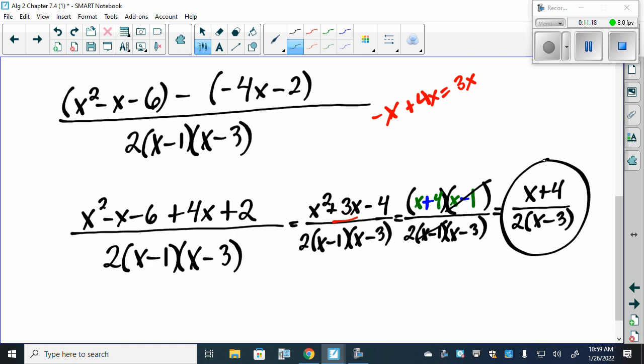So a lot of these, we do need to make sure that we check to see if the numerator will factor, because if it does, we need to factor it to see if there is anything in common on top and bottom. It's not always guaranteed that we will have something in common on top and bottom, but if we do, we have to simplify it out. So the final answer for this here is x plus 4 over 2 times x minus 3.